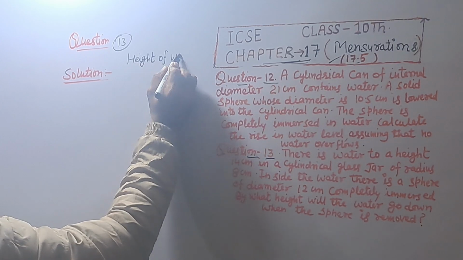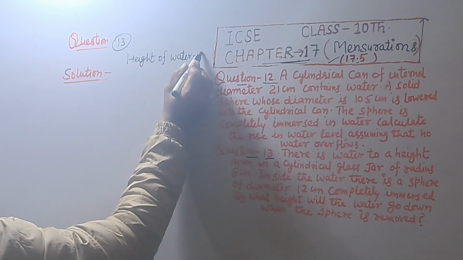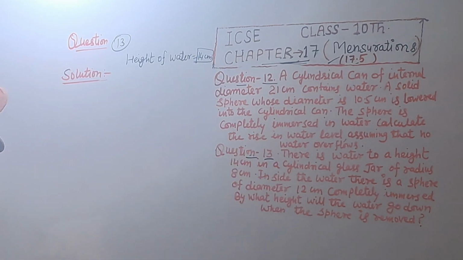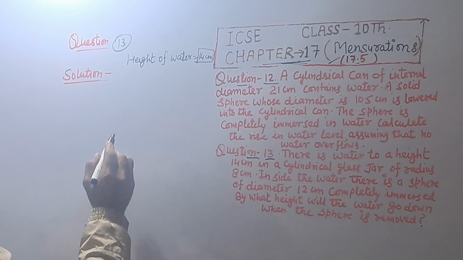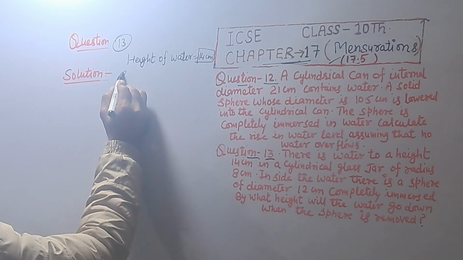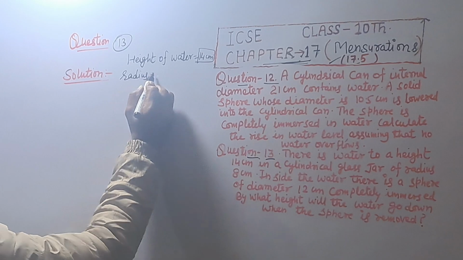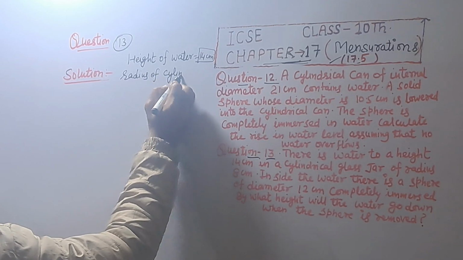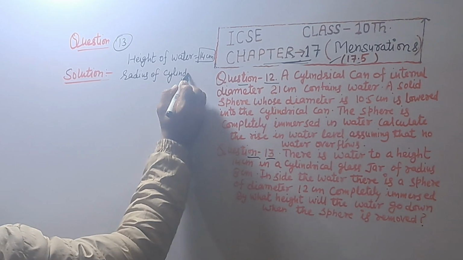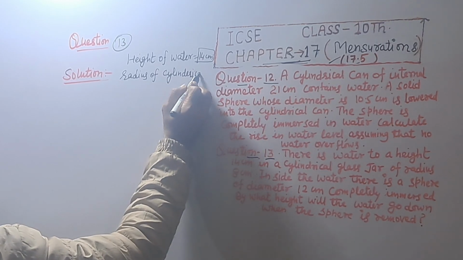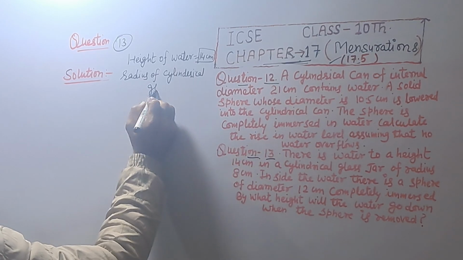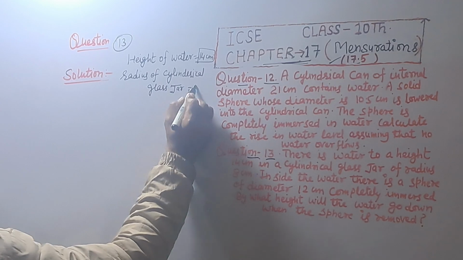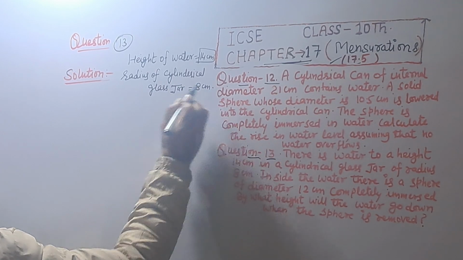Height of water equal to 14 centimeter. Radius of cylindrical glass jar equal to 8 centimeter.